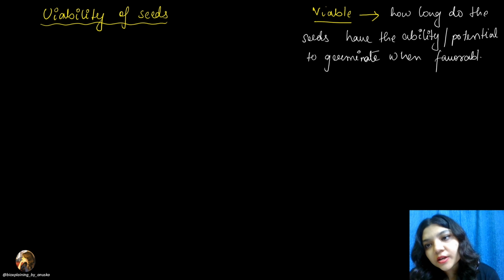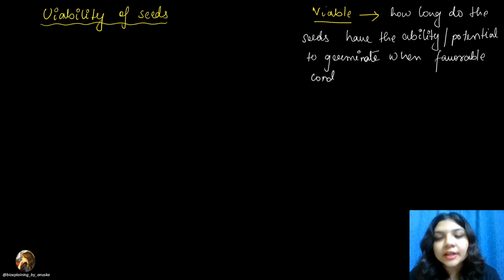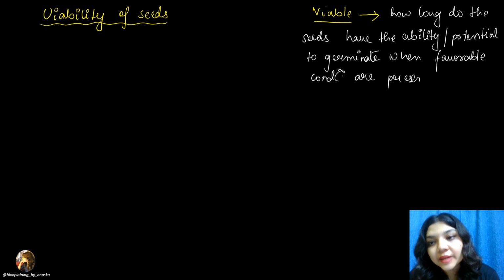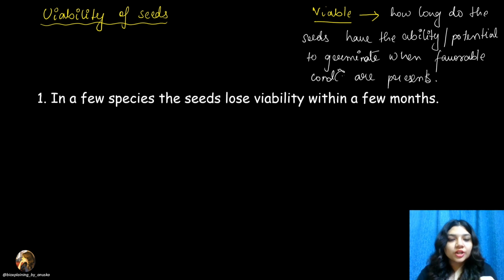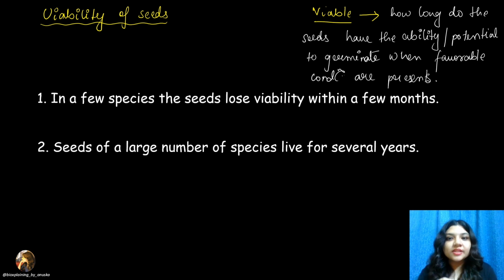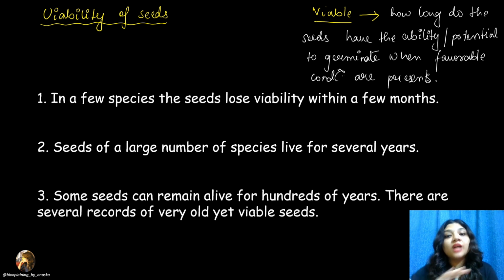So this is very much different in case of different kinds of seeds. The viability period for how long the seeds will be viable. So that means it differs. कुछ seeds में क्या देखा जाता है कि the seeds will lose their viability within a few months. कुछ seeds में ऐसे देखा जाता है कि they will have viability for a few years. कुछ seeds में तो even hundreds of years तक का viability देखा जाता है.